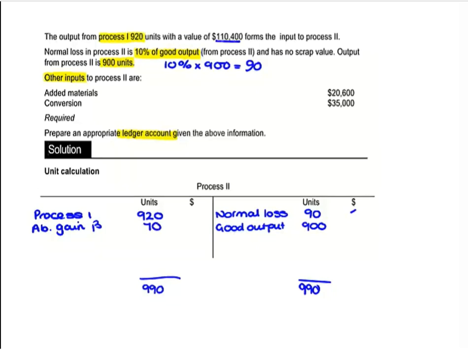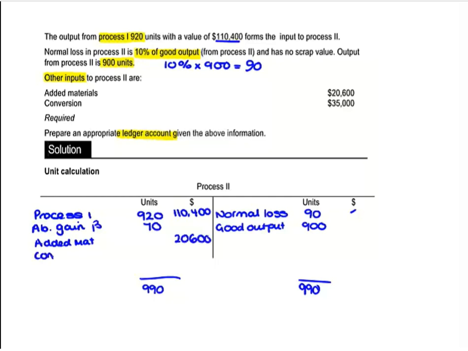So the value then of the input into the process for those 920 units was 110,400. And we're also told that there are extra materials of 20,600.